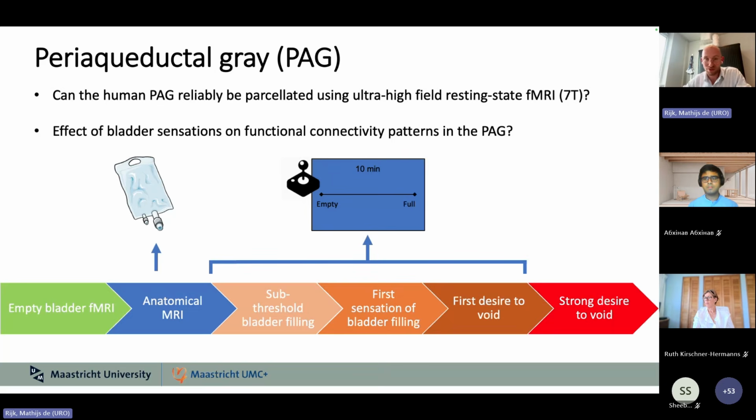Our first research question was very simple: we were wondering if the human periaqueductal gray can be parcellated, which is just a word for being able to subdivide it into different functional areas using ultra-high field resting state fMRI. And then we are interested in whether there's an effect of bladder sensations on functional connectivity patterns of those parcellated PAG areas.